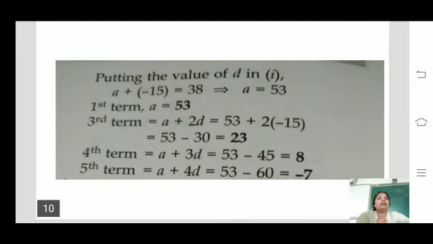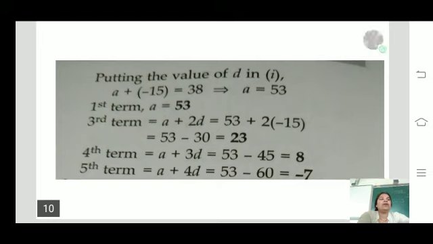Let us calculate the third term. The third term is given by A plus 2D. A is 53 plus 2 into D, which is minus 15. After simplification 53 minus 30 gives 23. Now the fourth term is given by A plus 3D, that is 53 minus 3 into 15, which is minus 45.